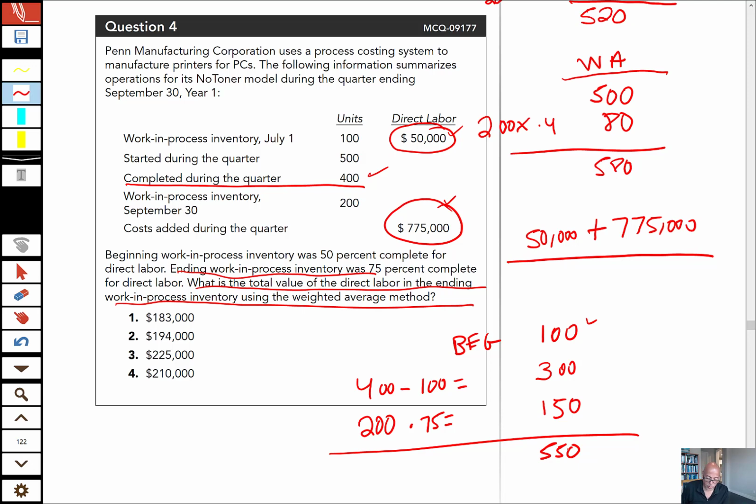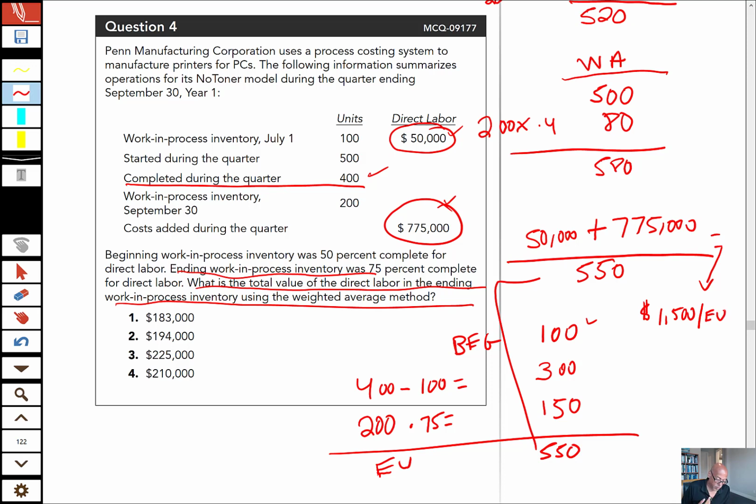Okay, so now I have my equivalent units, and I take the cost and divide that by the 550. And when you do the math on that, you get an amount of $1,500 per equivalent unit.